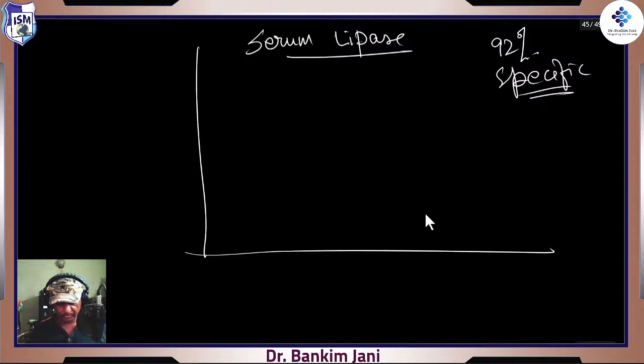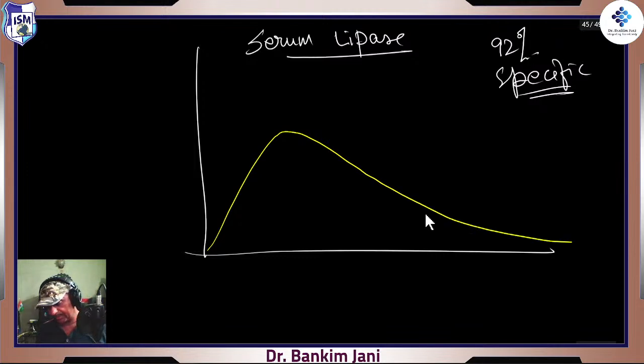Now this is how it will go. It would rise, and then it would continue for pretty long. That's like a graph. So here the rise, after 2 hours it started rising, but here it is a bit late, 4 to 8 hours.